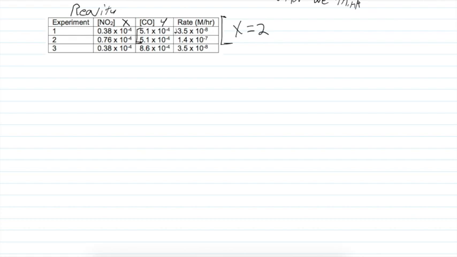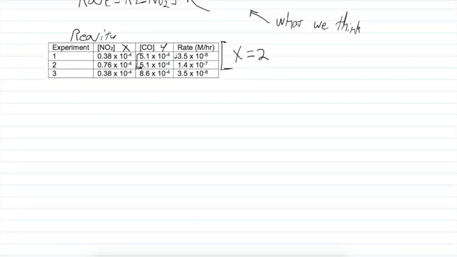So here we need 2 experiments where NO2 is the same but CO is different. That would be experiment 3 and experiment 1. And again, I recommend putting the bigger one on top.